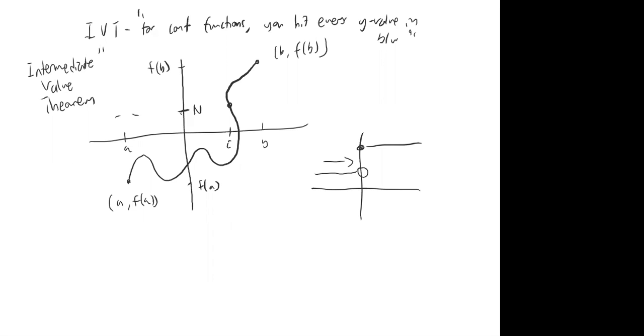If you look here, you don't hit y values here for this non-continuous function, but for continuous functions, you must hit every y value in between. So that's the informal way of defining it.